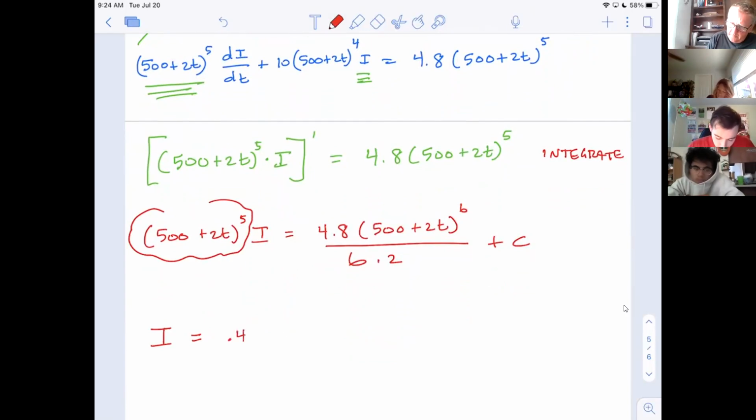And when I divide by 500 plus 2t to the fifth, the fact that there were 6 of them here means there's only going to be 1 of them left. Isn't that interesting? But the c value will be divided by all of them, which I'm choosing to move to the top and make -5. Is that a good idea? I don't know.